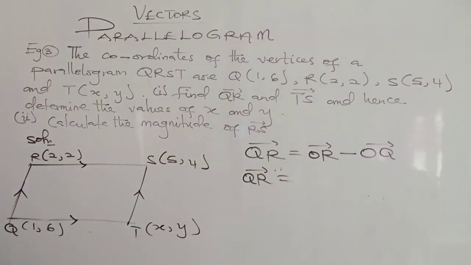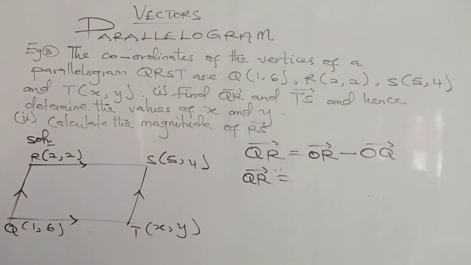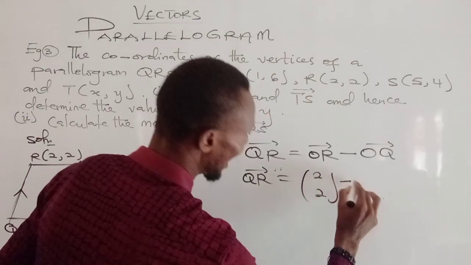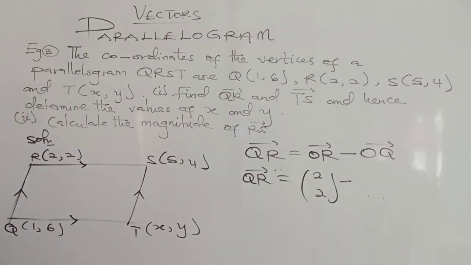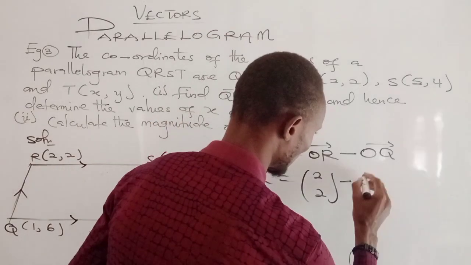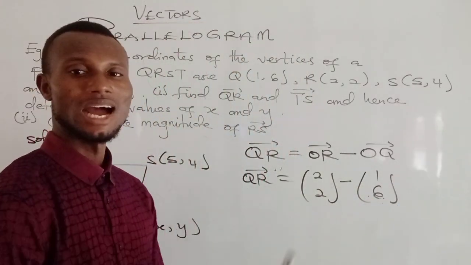The point R is given to be (2, 2), so we are going to put it in place of the OR. So I have (2, 2) minus the OQ. The OQ we have here to be (1, 6), so in place of the OQ, I'll put my value there, which is (1, 6). And I hope you understand up to this point.